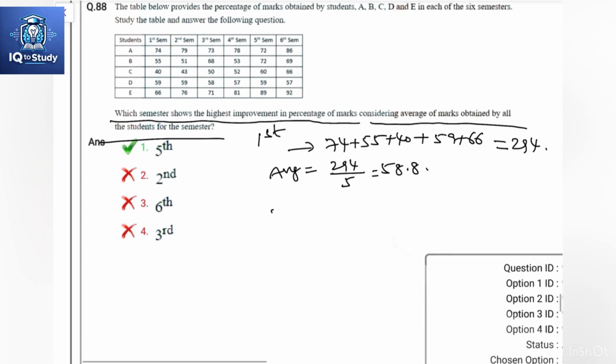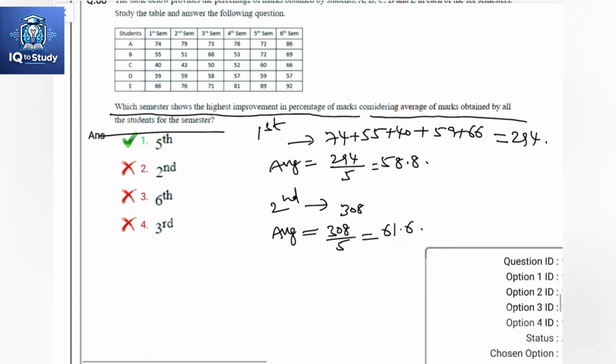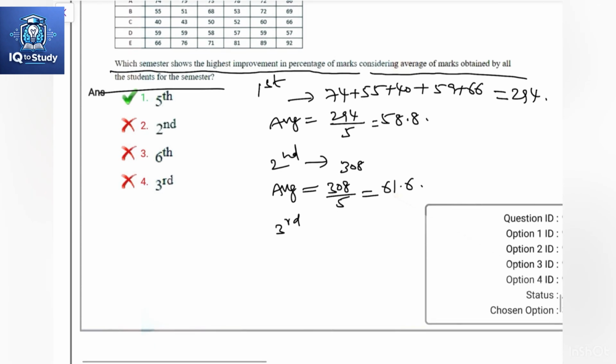Similarly, in second semester, it is 308 and average is 308 divided by 5, which is 61.6. Similarly, third semester it is 320 and average is equal to 320 by 5, which is 64.